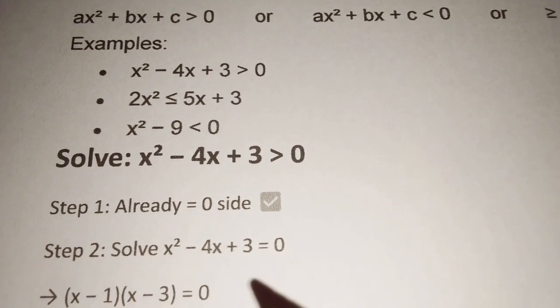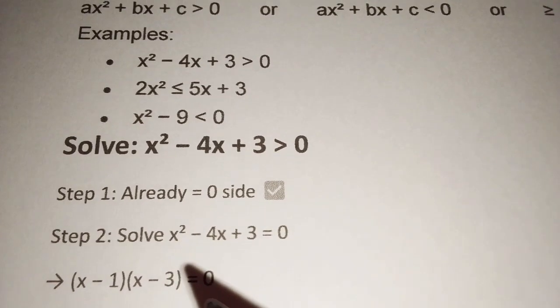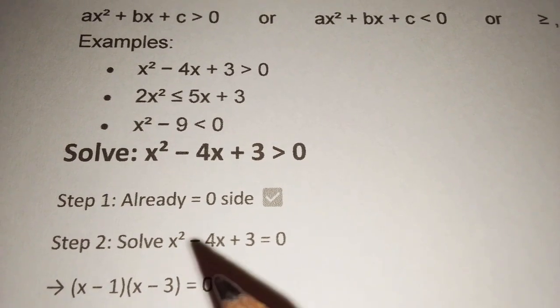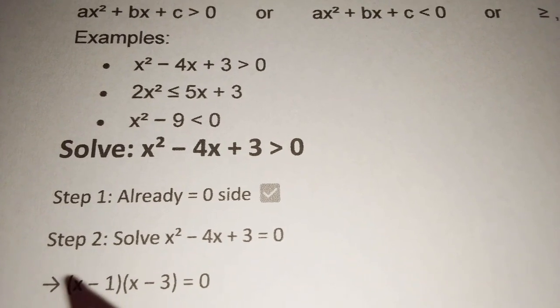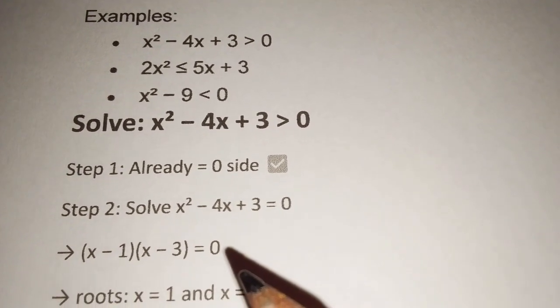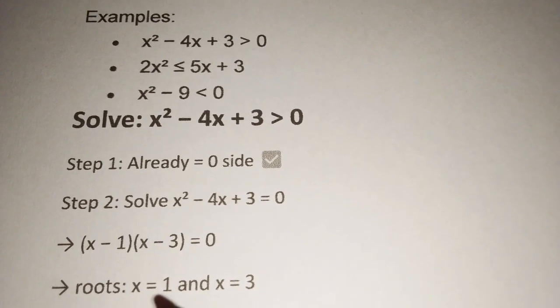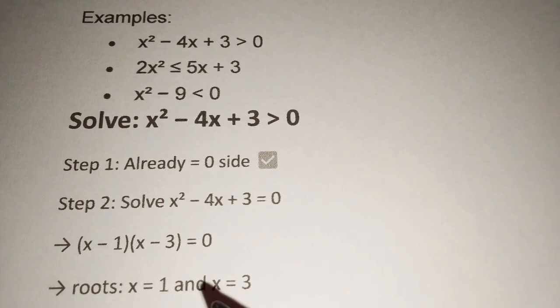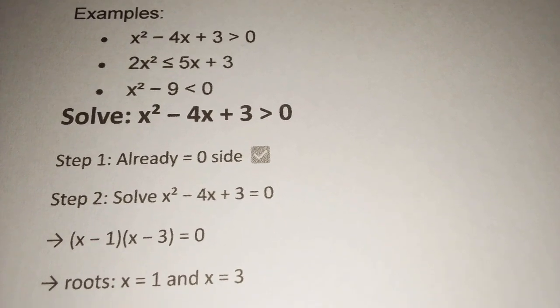How? We factor to get the roots. Now we have x minus 1 and x minus 3 is equal to 0. The roots are x equals 1 and x equals 3, the opposite of negative 1 and negative 3.